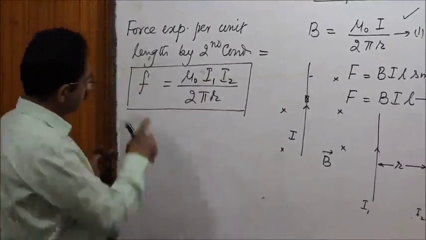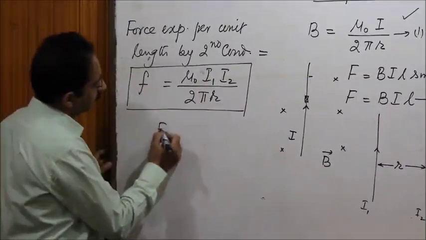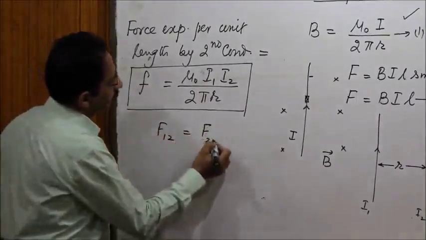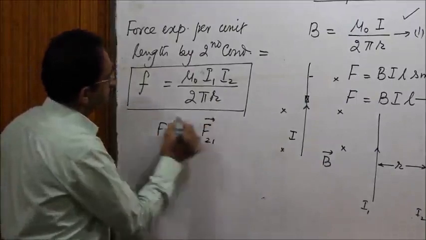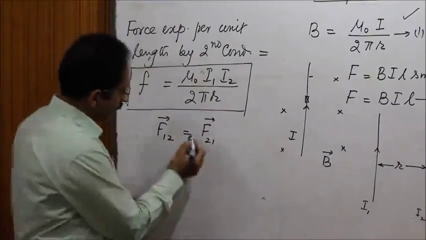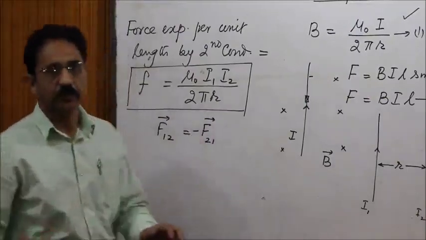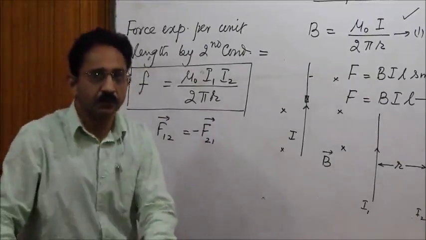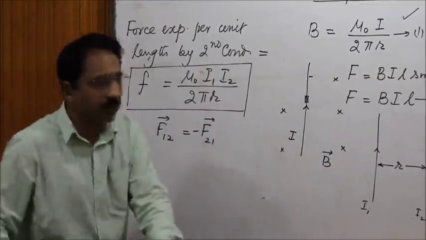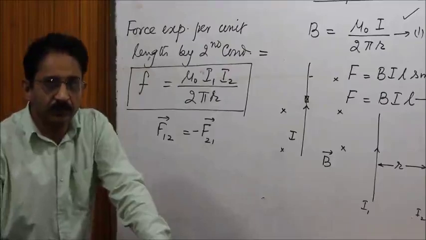So I can say that the force experienced by the first conductor due to the second is equal and opposite to the force experienced by the second conductor due to the first. This is a usual definition for a mutual force. That means the force between these two parallel current carrying conductors is a mutual force.